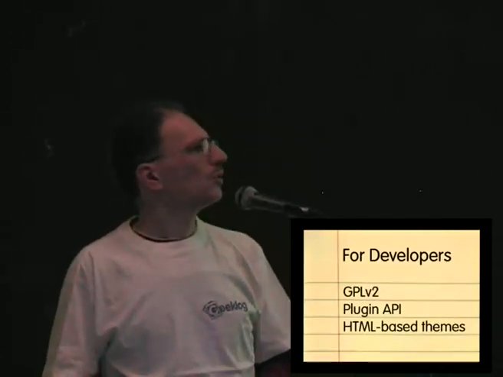There are hooks in Geeklog pretty much everywhere, so you can extend Geeklog easily or change the way it works in certain situations. And if you just want to change the way your website looks, our themes are based on HTML and CSS, and it's pretty easy to modify that. You don't need to learn PHP to change the look of your site.